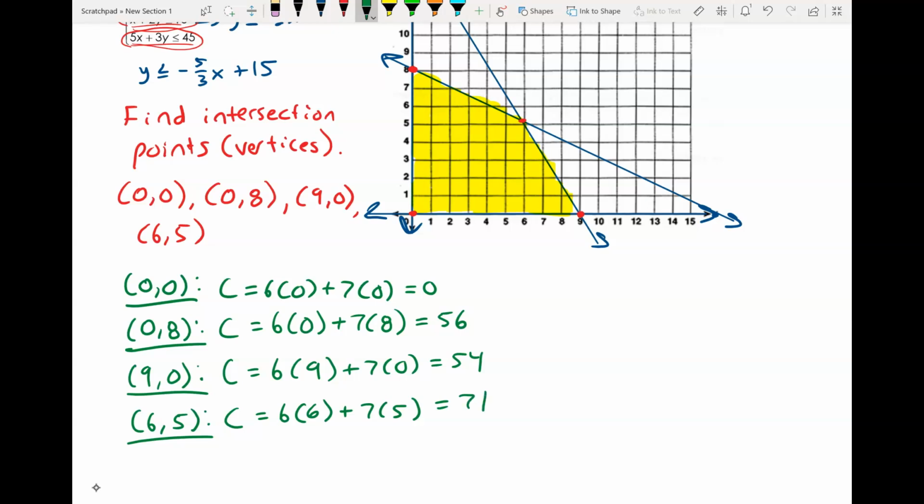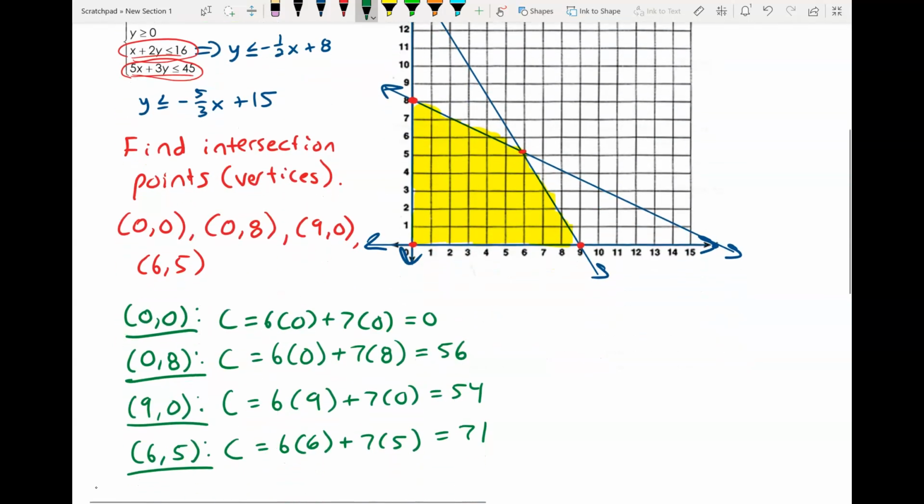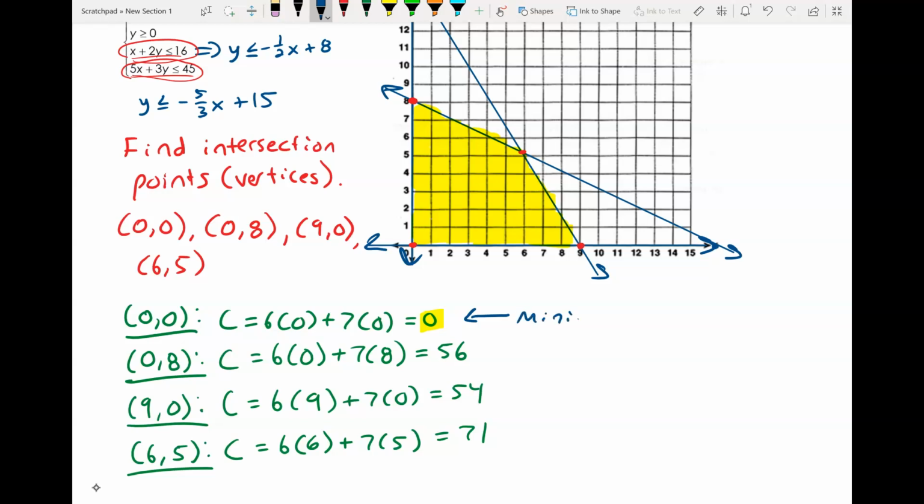So the minimum is going to be the smallest of these values that we found. That's this. So you could say minimum of 0 at 0, 0. The maximum is the largest of those, so this would be the maximum.